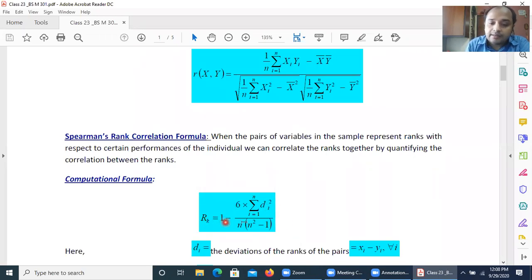And this entire thing is divided by n into n square minus 1, where n is the total number of observations. The total number of observations will remain the same.